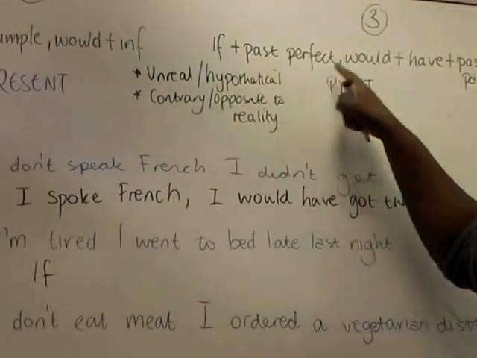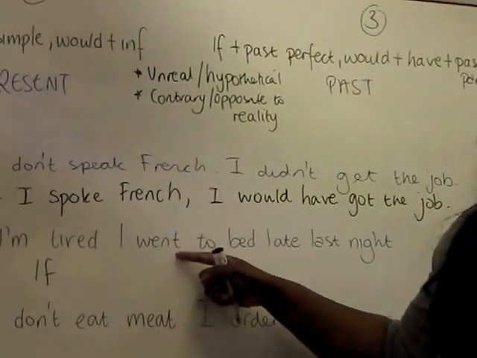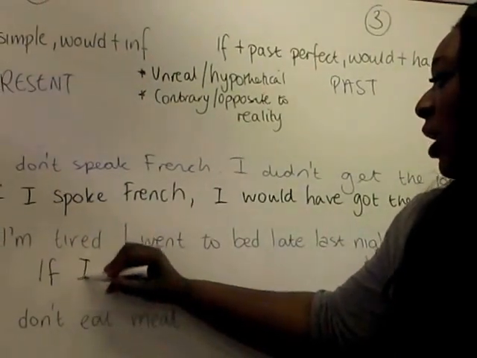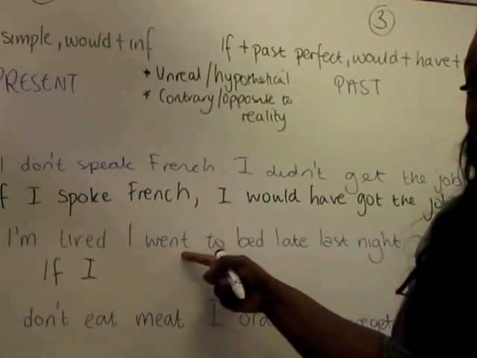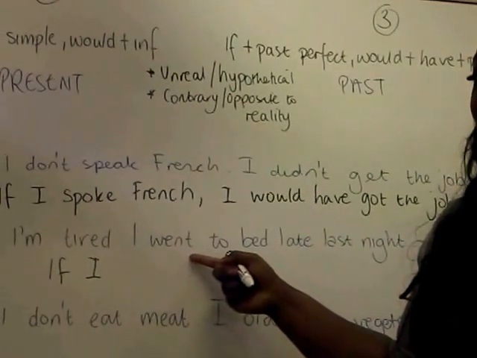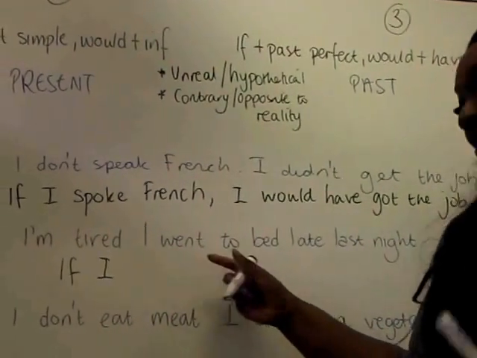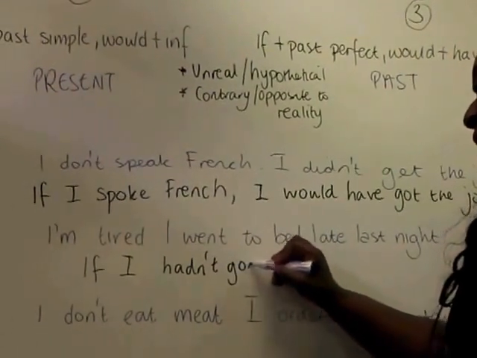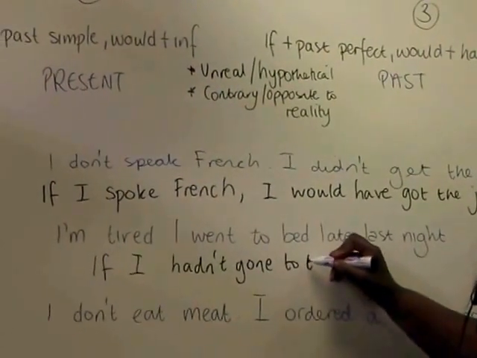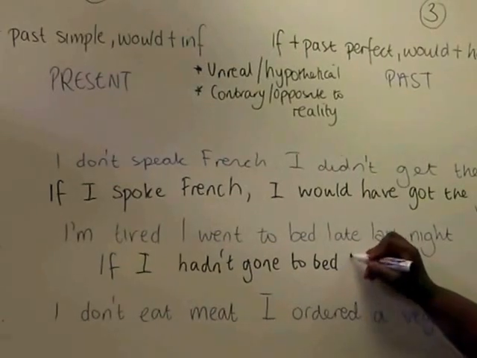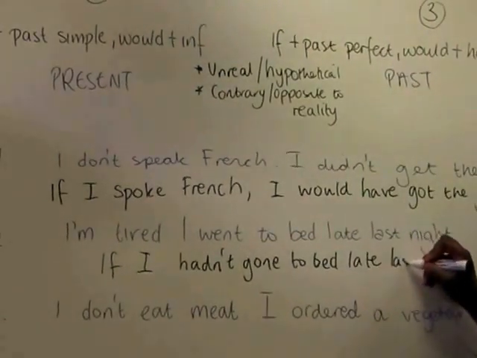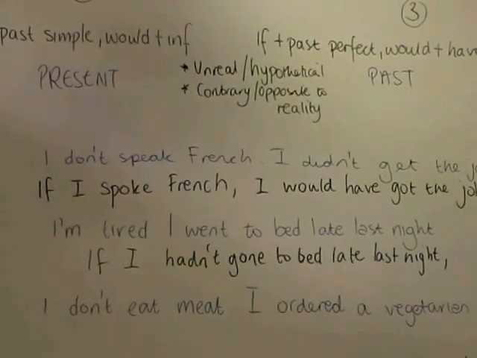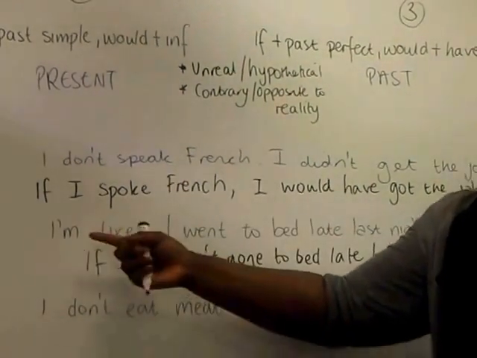If, past perfect. The verb is go. If my reality is positive, so my conditional must be negative. If I hadn't gone to bed late last night, let's look at my result clause.